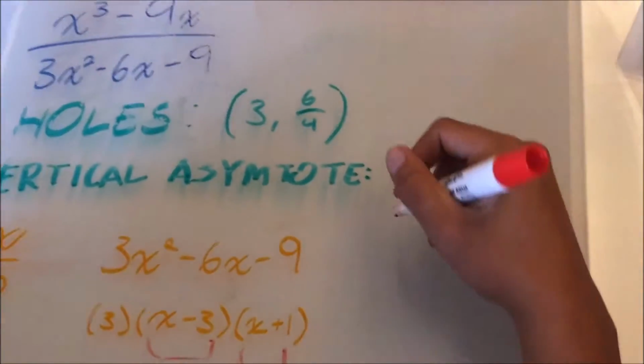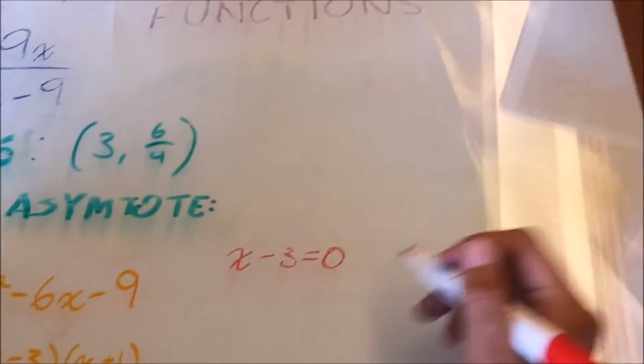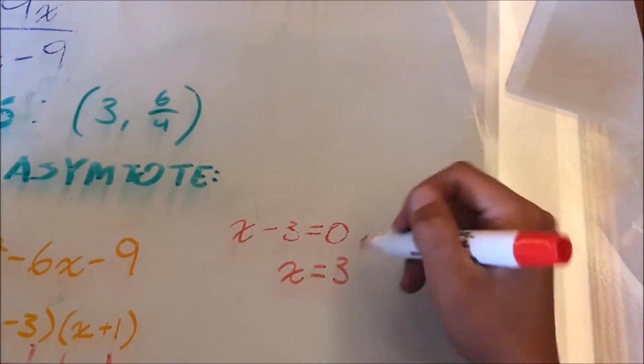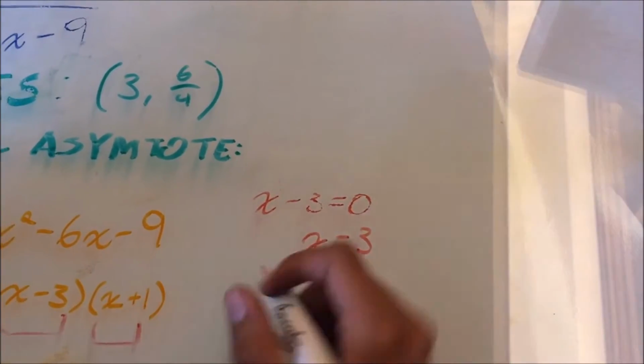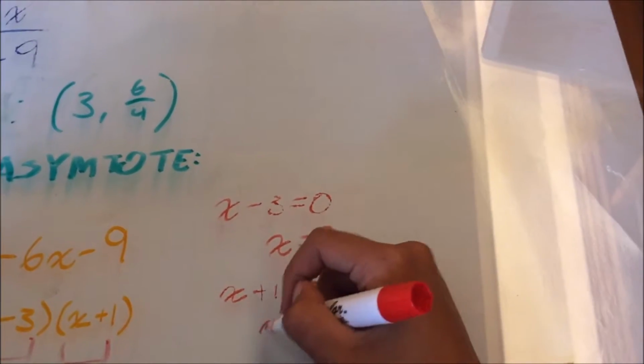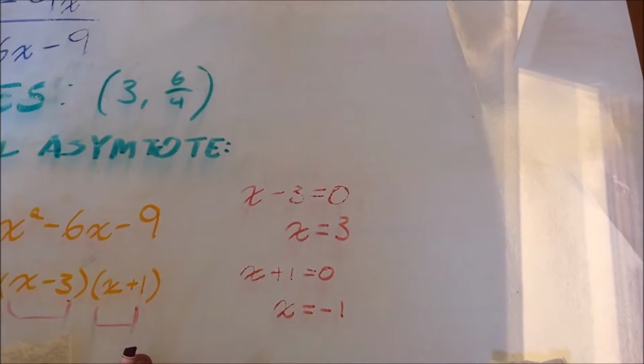We start with x minus 3, so x minus 3 is equal to 0. So we solve for x and we get that x is equal to 3. And we also get this one, so x plus 1 is equal to 0. So x is equal to minus 1. Now we run into a problem here.